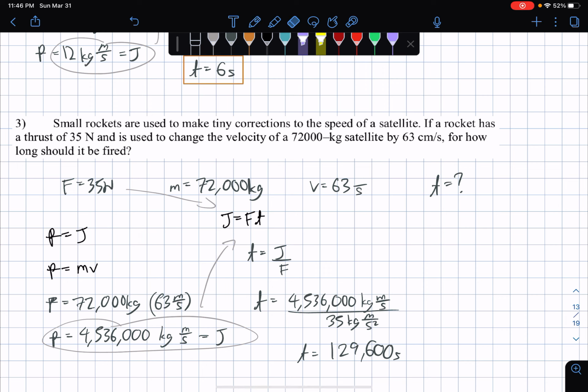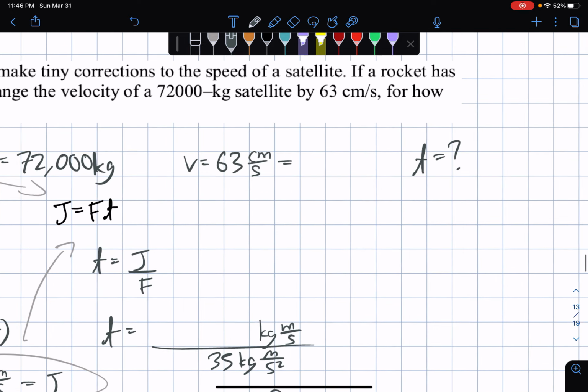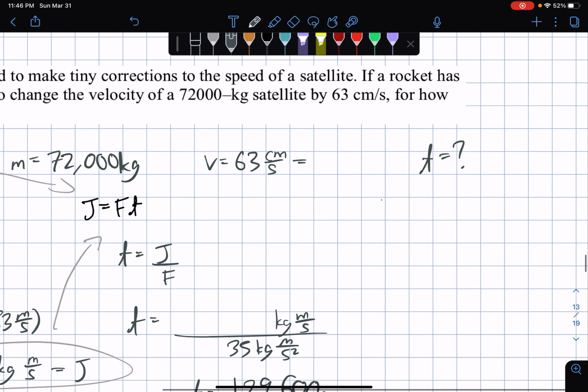Wait a minute. This is cm. Sheesh, I think we have a mistake. This is why the time value is kind of crazy. This is why you have to convert to SI unit in the first place. Otherwise, all hell could be let loose. So 63 centimeters.